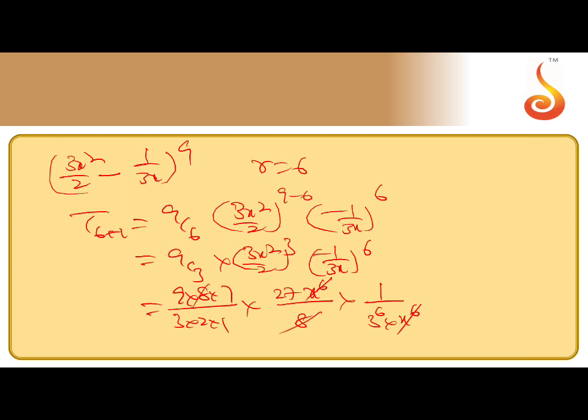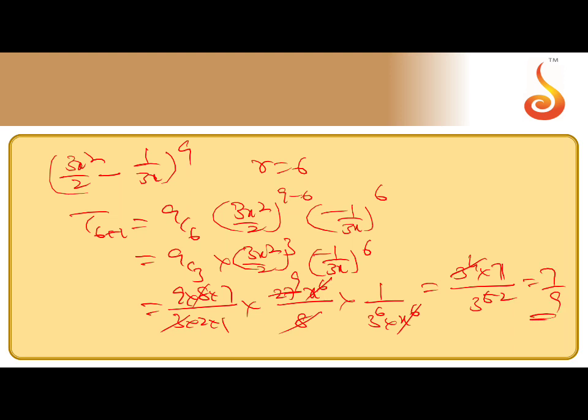So what is left here? 27 also is possible to cancel. 3 ones, 3 nines cancel. So 9 into 9, so 3 power 4. That is 3 square, 3 power 4. This value gives 3 power 4 into 7 by 3 power 6. So this also 2 times cancel. 7 by 9 is the answer.